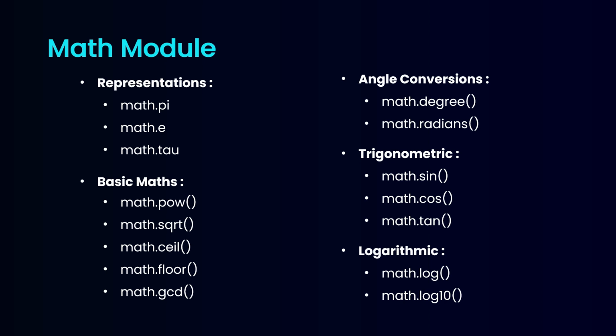However, you don't need this module to find the absolute value or the rounded value of a number. You can just do it using the abs function or the round function. It doesn't fall in the math module, but let me show you.